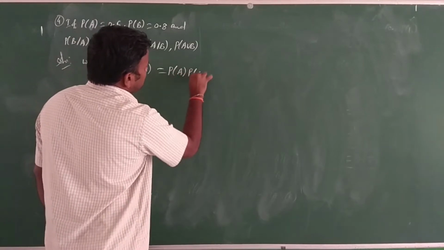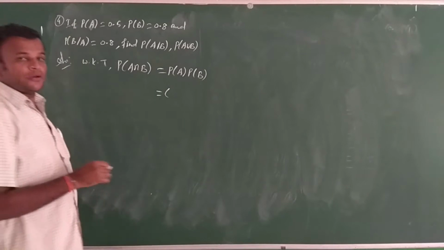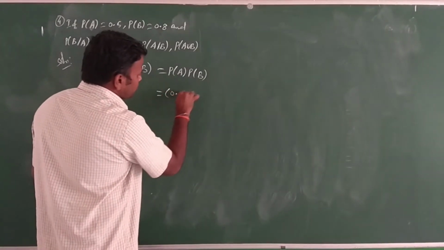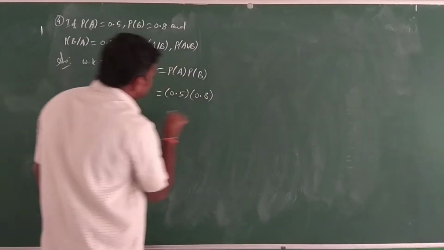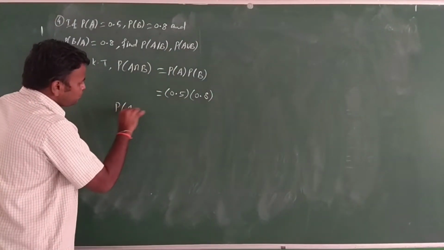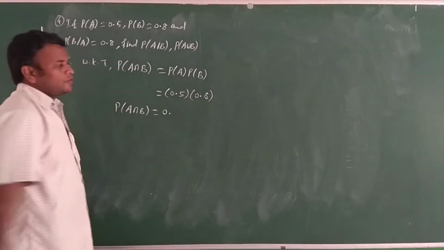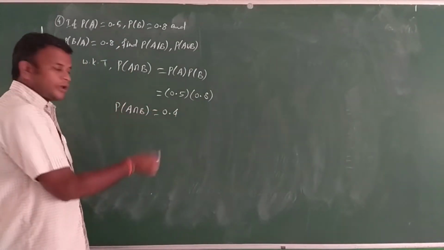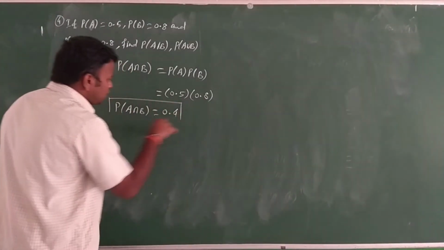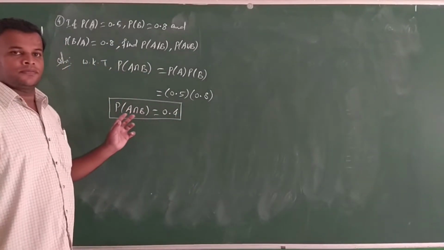So P of A into P of B. The value of P of A is 0.5, the value of P of B is 0.8. So P of A intersection B is equal to 0.5 times 0.8, that is 0.40 or 0.4. So first we find P of A intersection B.